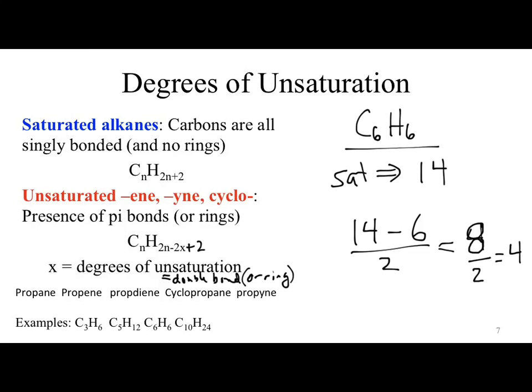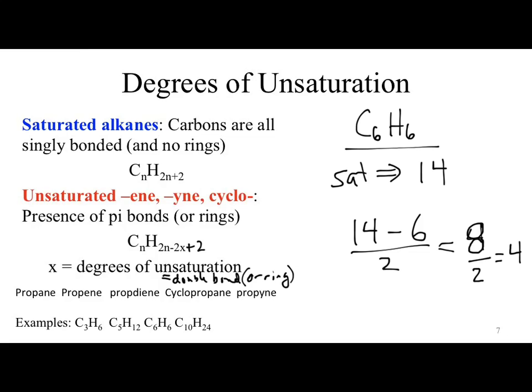We could make it a multiple choice. How many double bonds are in the structure? You don't know. How do you not know? Because it could also be a ring. If I get 4 degrees of unsaturation, it's possible that I have 4 double bonds.